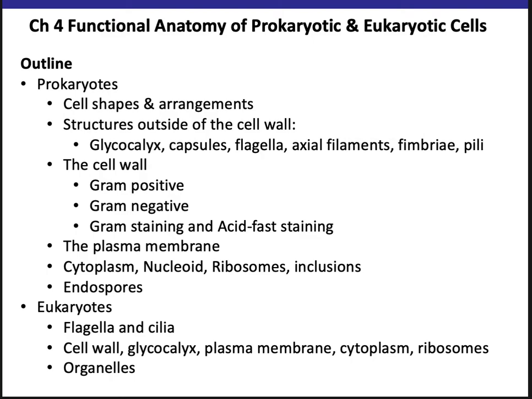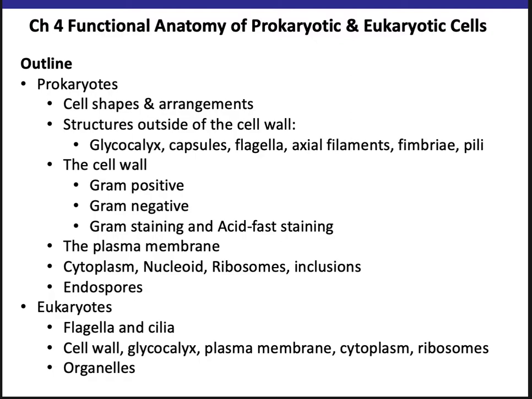Chapter 4, Functional Anatomy of Prokaryotes and Eukaryotes. Remember, prokaryotes will include bacteria and archaea whereas eukaryotes will be everything else. So in microbiology, we do focus mostly on bacteria, but we also do need to think about fungi and protozoa are a very significant group when it comes to diseases.